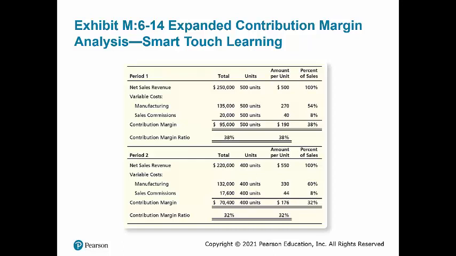Further investigation reveals that direct materials cost increased by $60 per tablet, causing variable manufacturing costs to increase from $270 to $330 per tablet. The change in sales price by $50 per unit did not offset the increase in cost per unit.